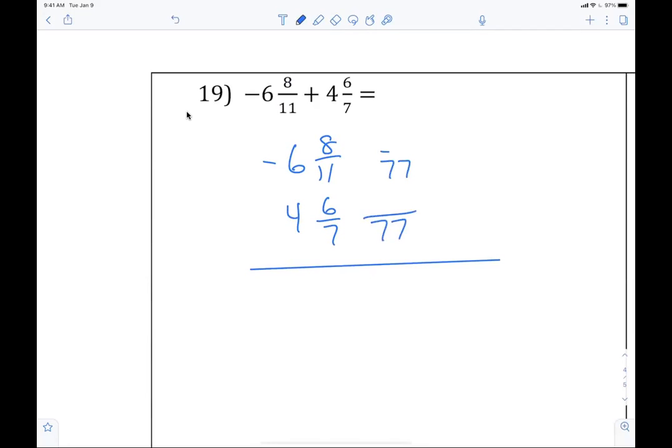So you would multiply the 8 by 7, which would be 56 over 77. And minus 4 and 66 over 77. Yay, that's good so far. And then you have to borrow. Good. So the 6 becomes a 5, and then the 56... what does that become?